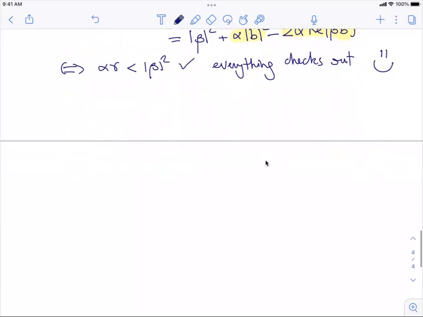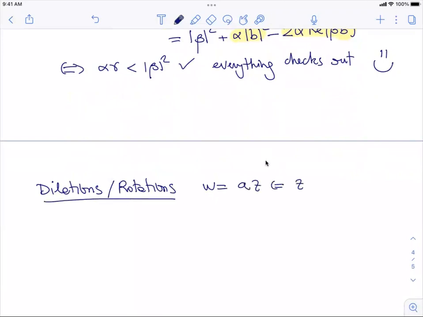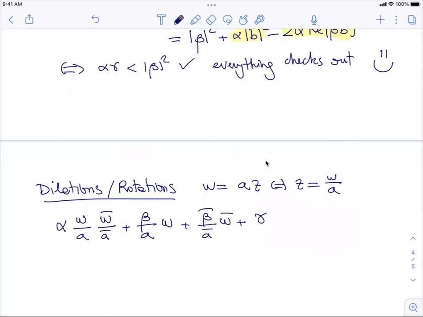Let's look at dilations and rotations. Here W equals AZ, or we could write Z equals W over A. So here, what do we have? Alpha W bar over A bar plus beta over A W plus beta bar over A bar W bar plus gamma equals 0.